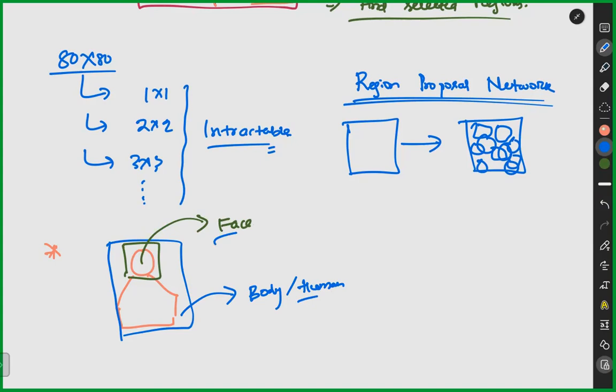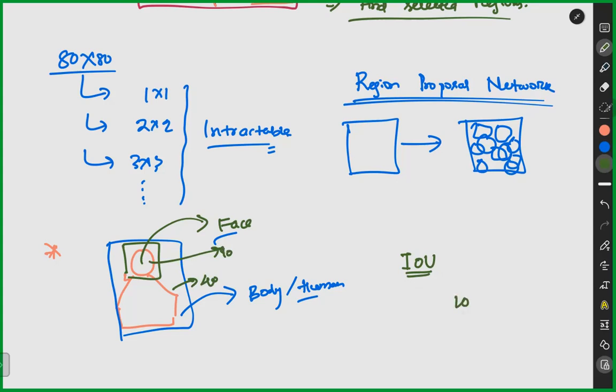What we do is that we see how much one box is inside another. This is called intersection over union: how much it is intersected and how much is the total. Here, let's say the total area is 40 and this is 10.